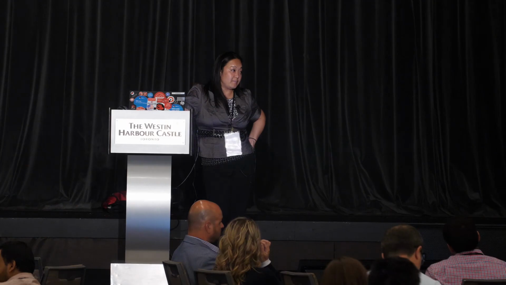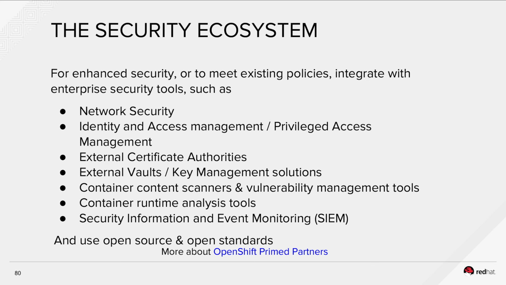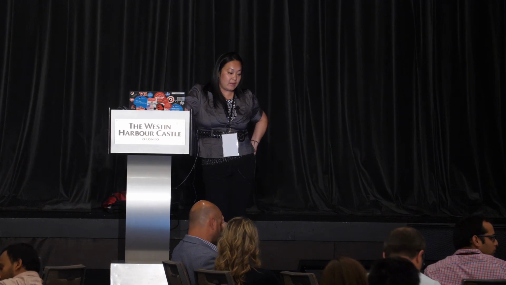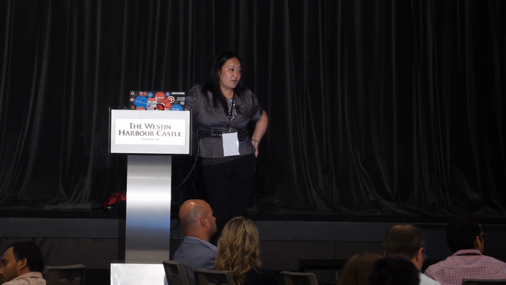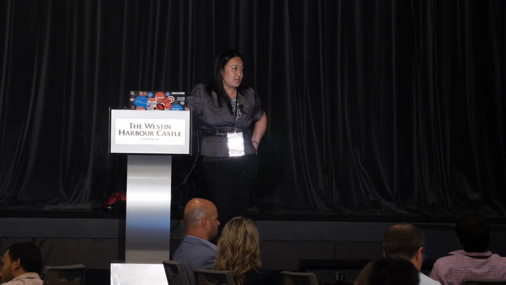And of course, you can utilize our extended partner ecosystem to extend features that may be relevant to you, whether it's network security, or maybe you want to use an external vault from HashiCorp.